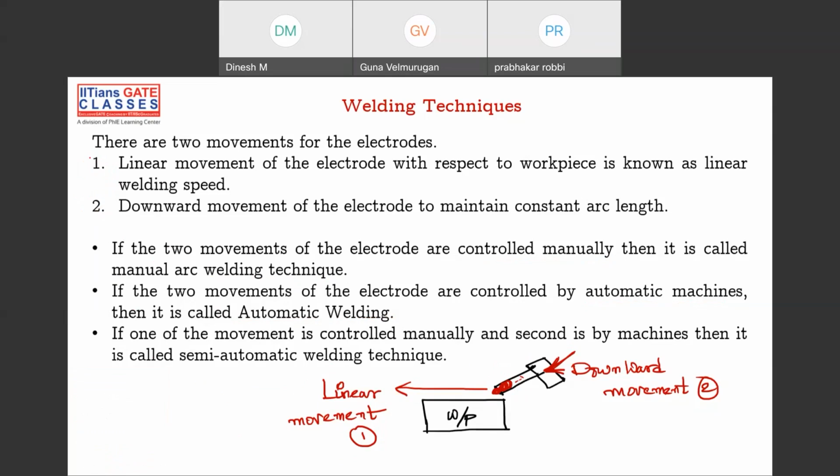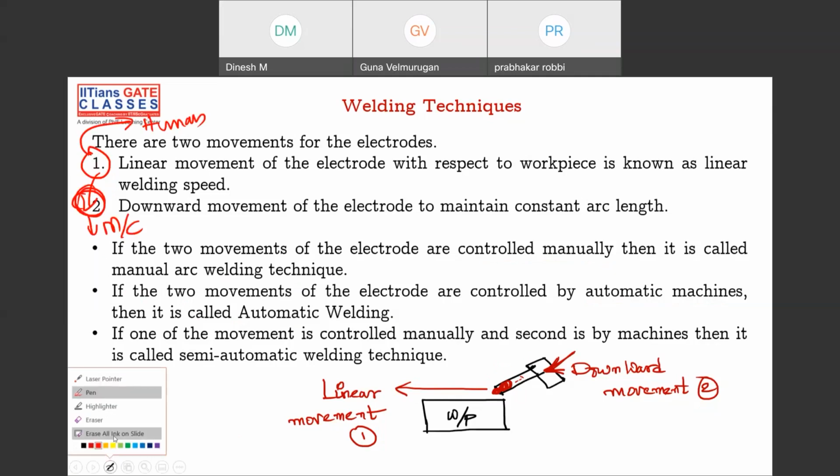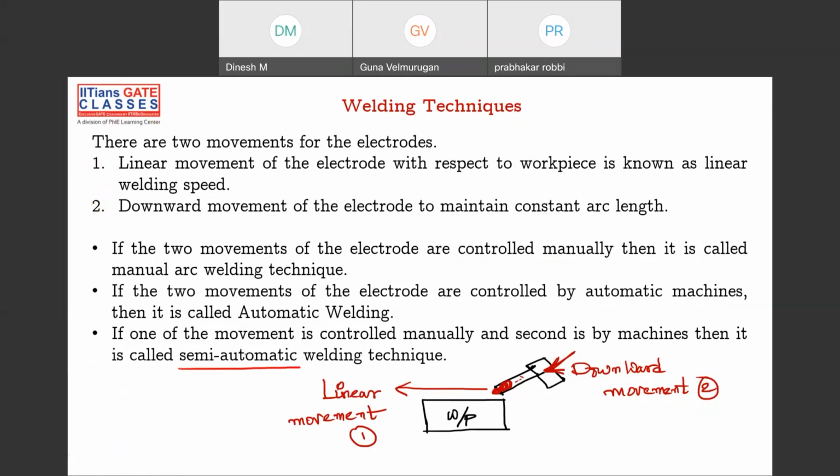If the first one is controlled by human and the second one is controlled by machine, then it is known as semi-automatic welding. One movement is controlled manually and the second is by machines, then it is known as semi-automatic welding.